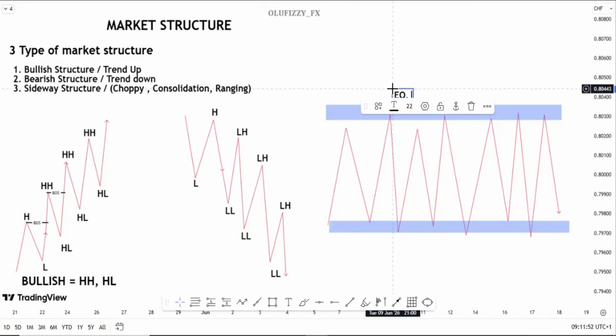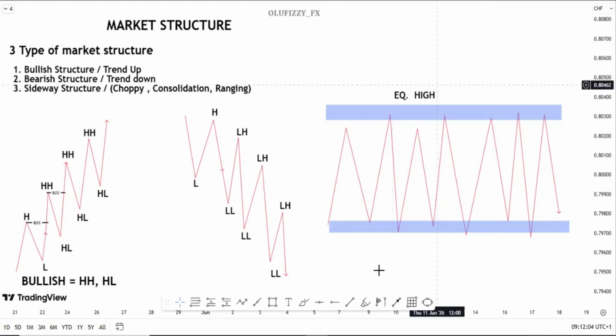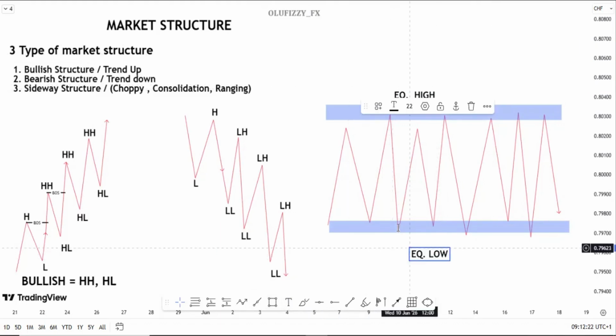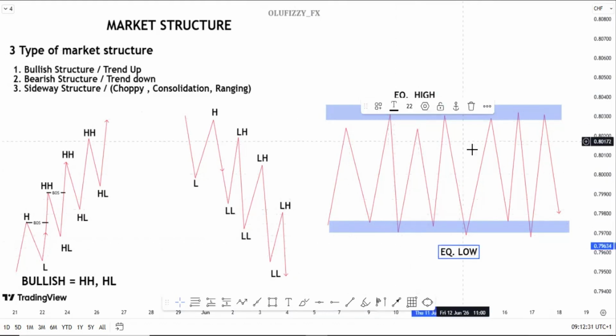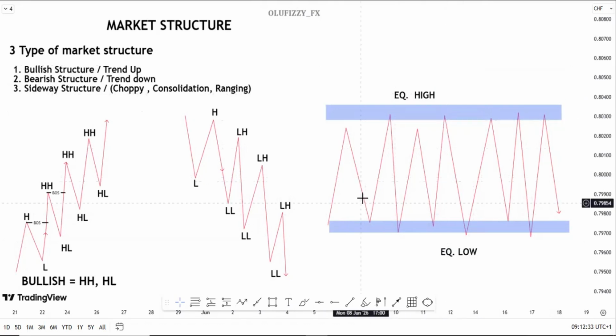That's the reason I say relative equal highs, and you are having relative equal lows. So anytime you're having relative equal highs and equal lows like this, that is a ranging market structure, or a consolidation, or a sideways.